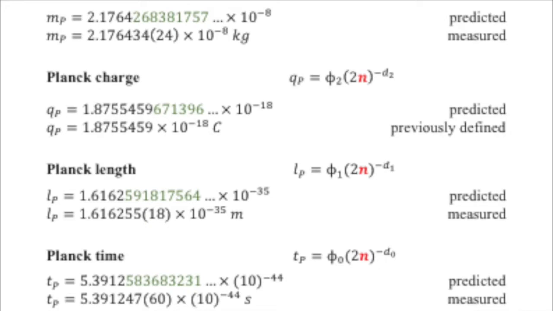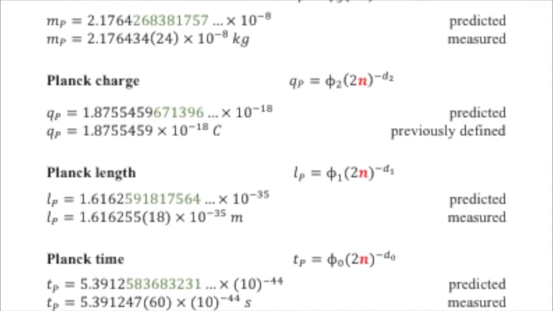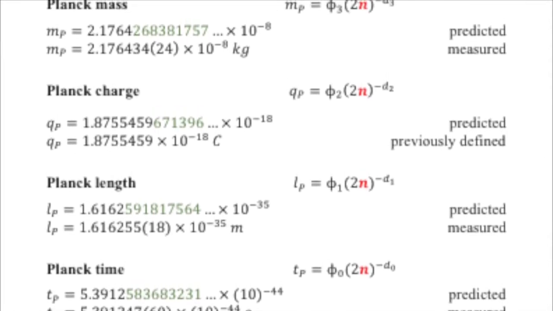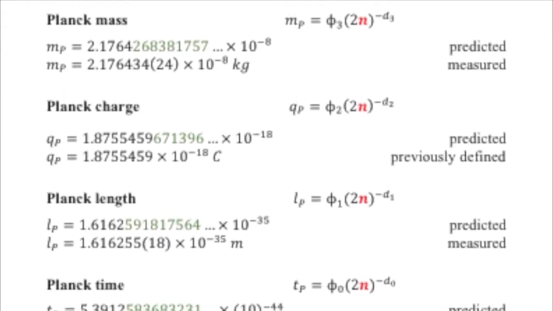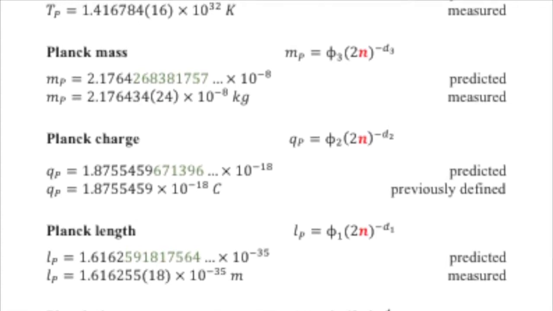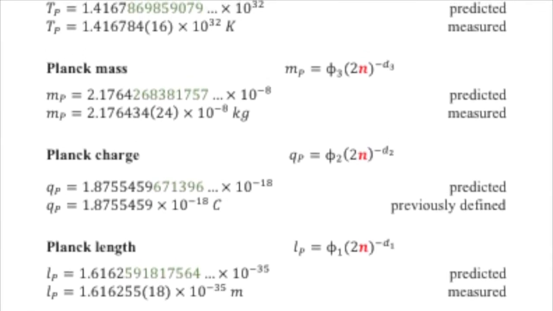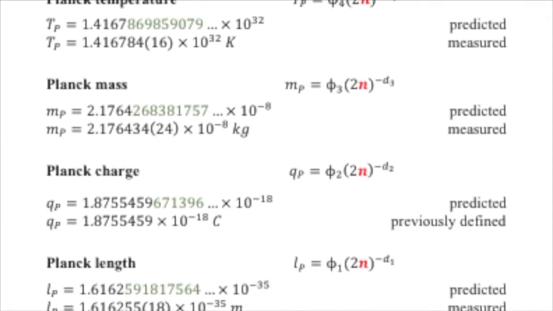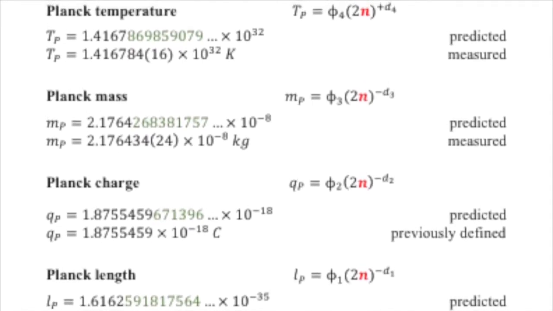It's exactly within the error bars of our best known measurement for the Planck time. And in every single case, the 5 dimensions that make up our physical reality, the measured limits of each dimension is predicted by, and now to any digit you want, the structure of the hyperbolic figure eight knot.